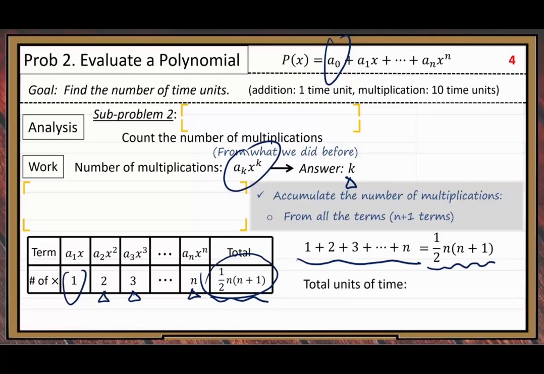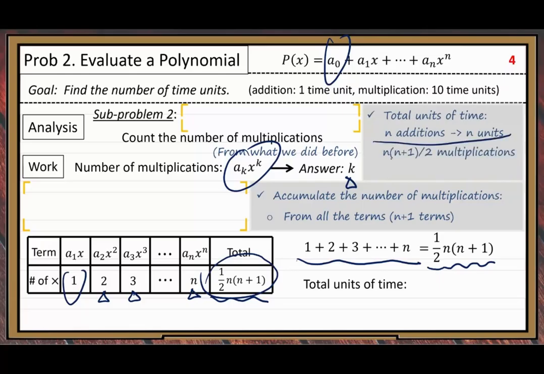Remember our assumption: one multiplication corresponds to 10 units, a reasonable 1 to 10 ratio. Assume each multiplication needs 10 time units.